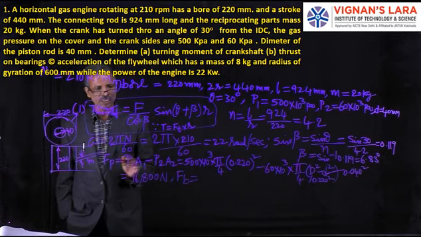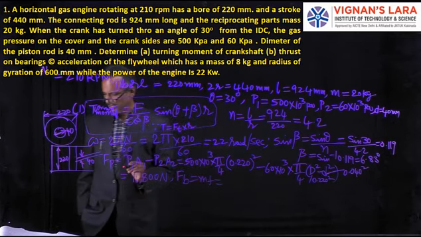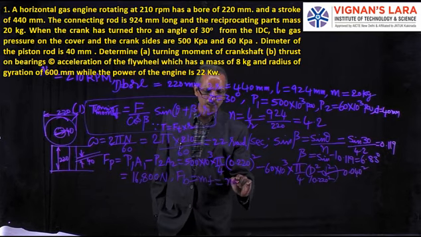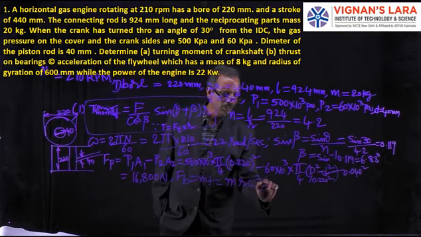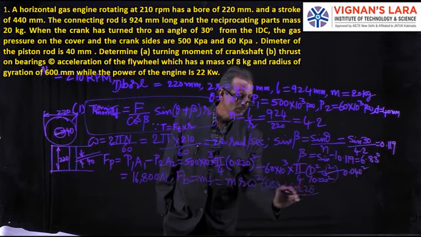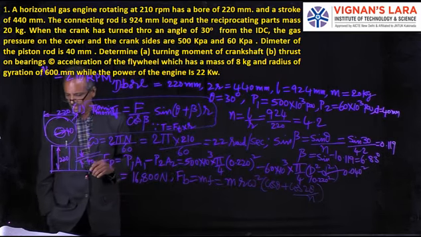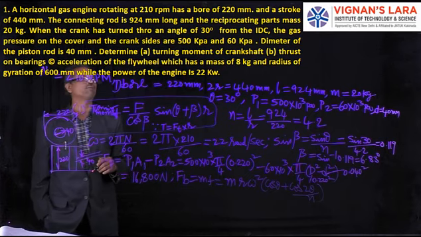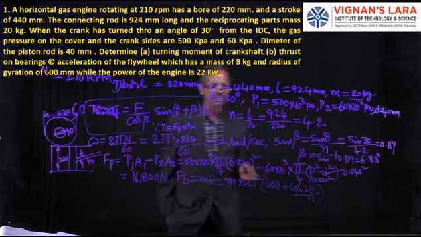FB, we know that M into R omega square cos theta plus cos 2 theta by N. He has given the values of M, so substitute the value of M. What is the value of M? 20 kg.